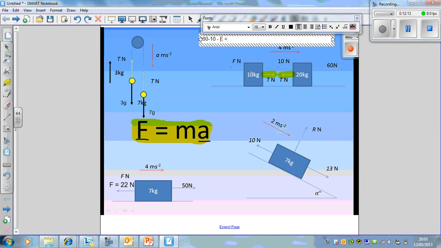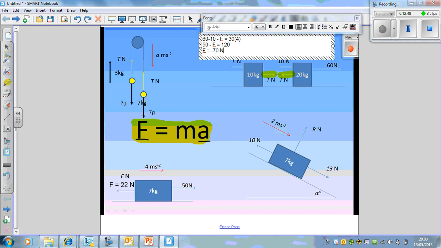Now, the total mass, because we're treating the system as a whole, is 30 times the acceleration, which is 4. So 30 times 4. That means that we're going to have, eventually, 50 minus F is equal to 120. Which means that F is equal to 50 minus 120, minus 70.